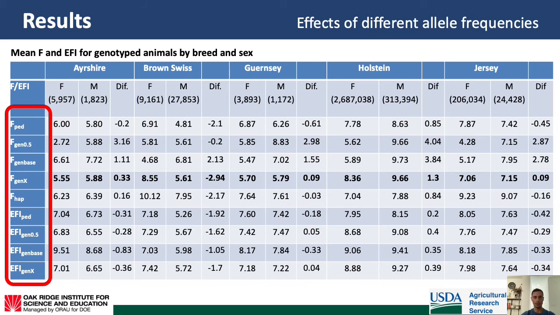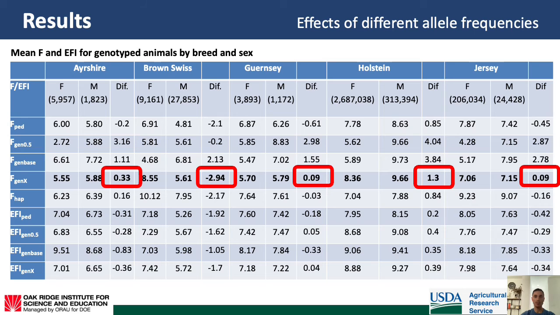And below we have the estimated future inbreeding, also computed on 0.5 or base population allele frequencies and 0.5 plus the X correction. The differences in mean genomic inbreeding between sexes obviously were smaller after we applied the X chromosome adjustment for all breeds except for Brown Swiss.